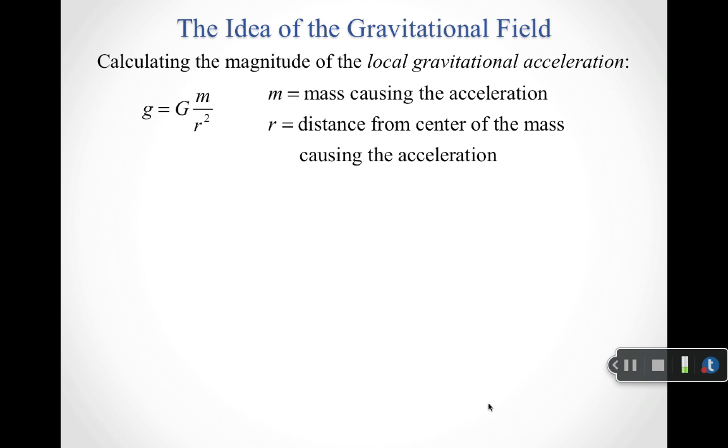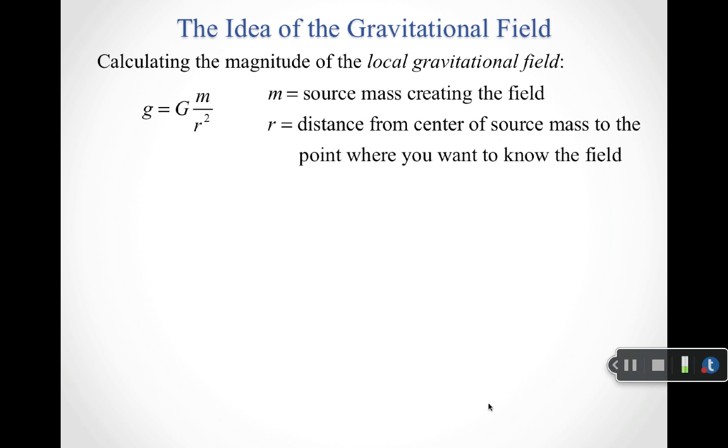So if we think about the previous video that you guys watched, it was talking about calculating the magnitude of the local gravitational acceleration. Well, really, we can use that exact same expression to talk about calculating the magnitude of the local gravitational field, where m, instead of being the mass causing the acceleration, is now the source mass creating the field.